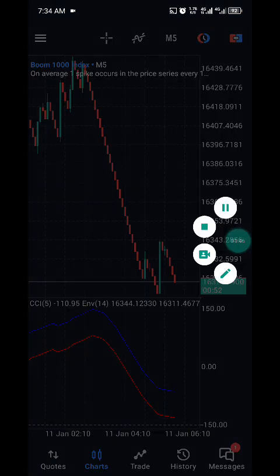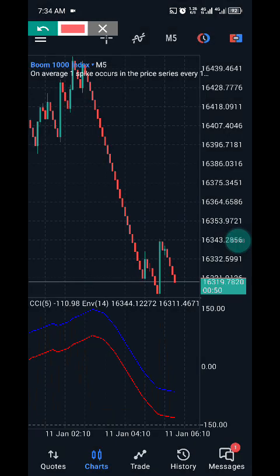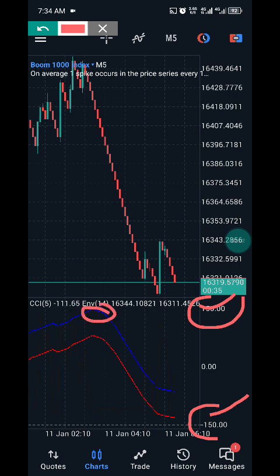As you can see here, we have our window one with a level of 150, and another level of negative 150. These are the two levels that we are going to be looking for in the market, and we have our buy trend here that gives us the trade.